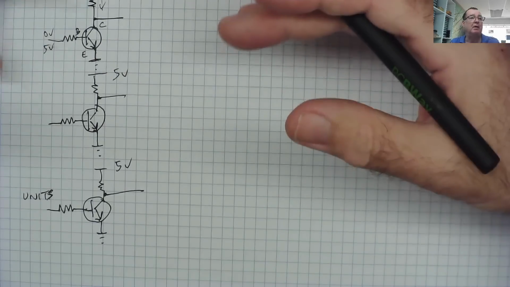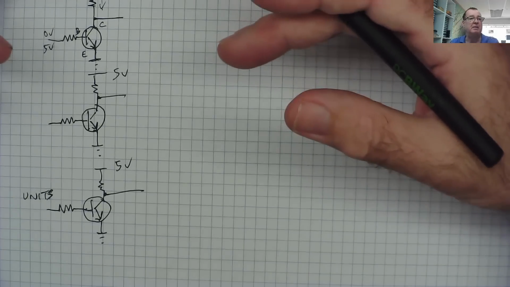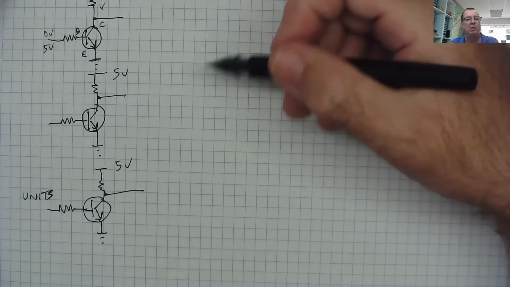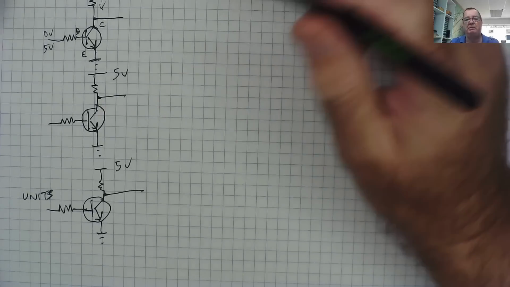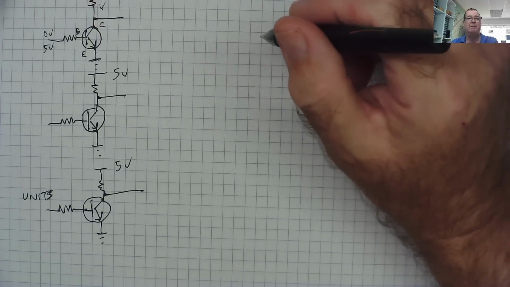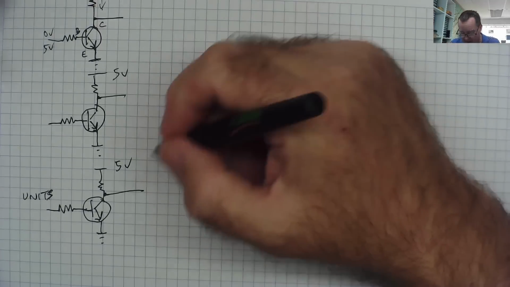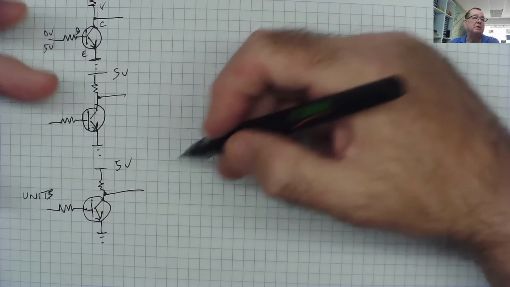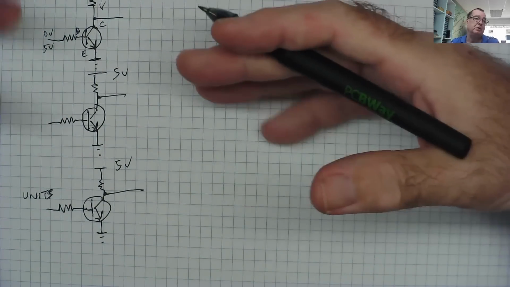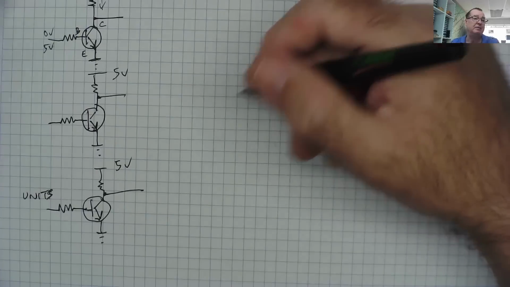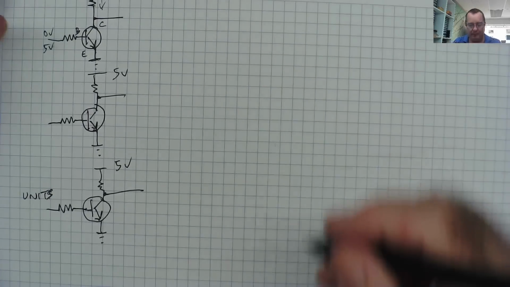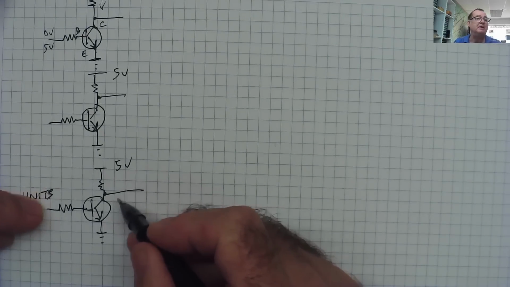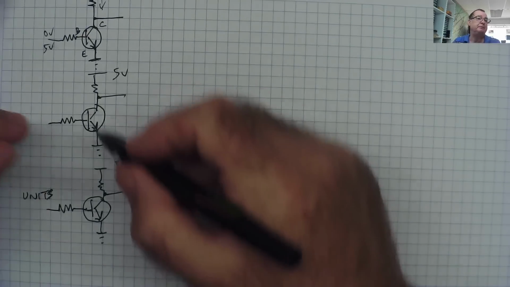Now we could in theory decide that 5 volts equals 0 and 0 volts equals 1, but it's probably easier the way the human mind works, or certainly the way mine works when it's working properly, that 0 volts is 0 and 5 volts we can call 1. Because we only have 2 digits, we don't have a 5, so we've got to call it something. We'll call it 1. So this can be our units, and the voltage on here, depending on what we put on here, can either be 0 volts or 5 volts.